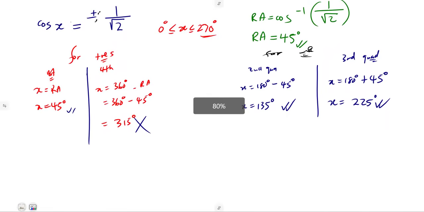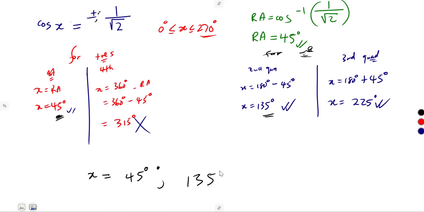So therefore, our x, which satisfies this interval that we are given, starting with the least value, was going to be 45 degrees, or our x can be 135 degrees, or it can be 225 degrees for values that are within the given interval from 0 to 270.